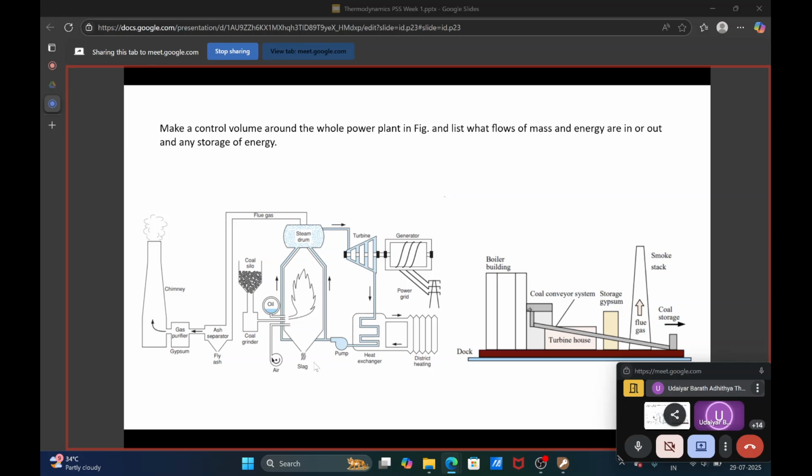So you have here several components of a power plant. Initially you're putting in coal and oil and you're burning it. With that you're generating steam and running a turbine, which again generates electricity, and it is transferred to the power grid. Whatever is coming out of the turbine will still be hot, so you are sending it to a heat exchanger to use it for district heating.